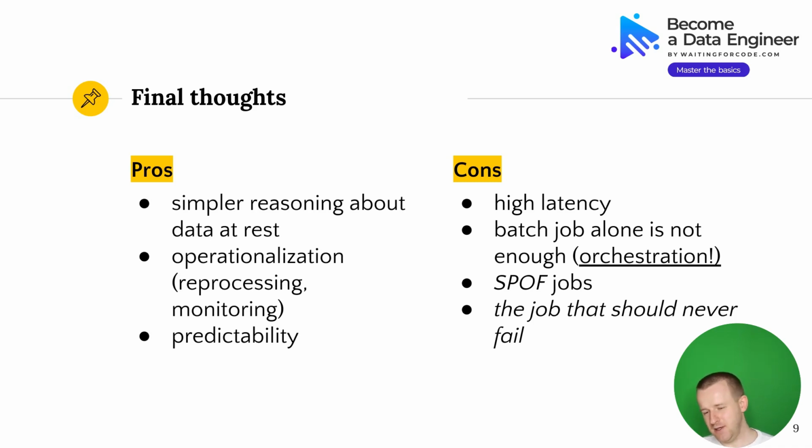And there is also something quite similar, but not necessarily. It's the job that should never fail. So the job that should never fail is something that processes maybe huge volume of data.